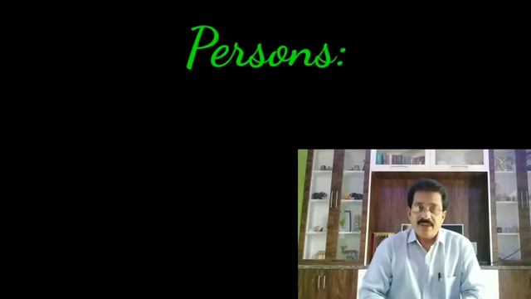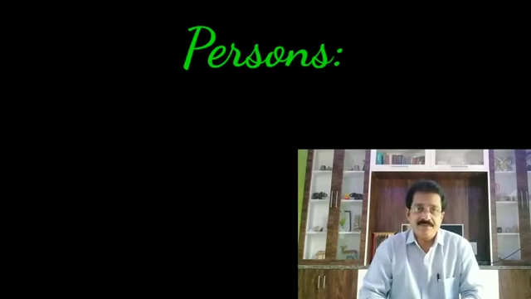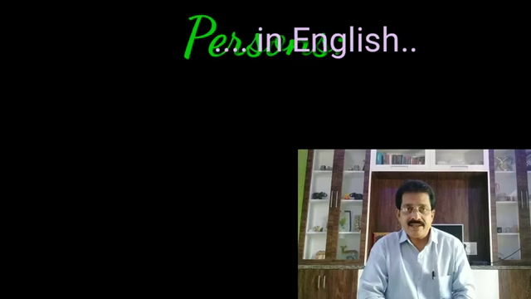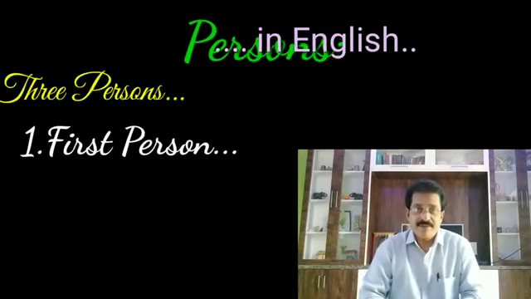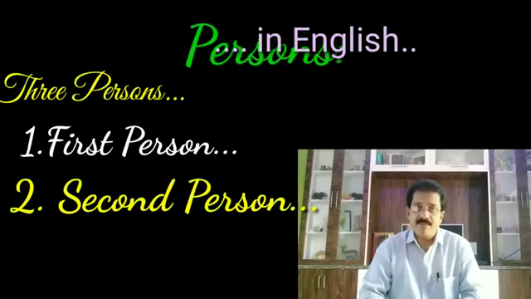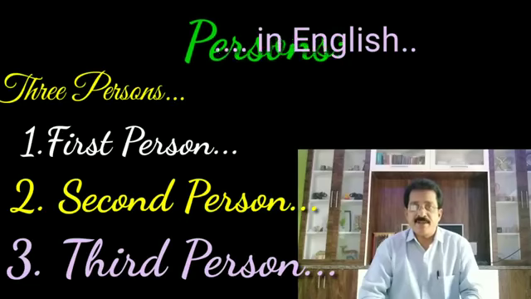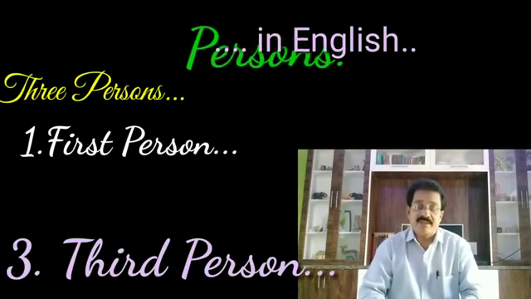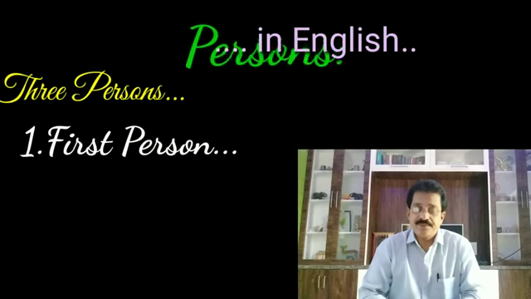I don't know whether you know or not regarding the persons. In English grammar, there are 3 persons. First person, second person, and third person. Now, who is the first person, who is the second person, who is the third person? Let me just give you in gist.